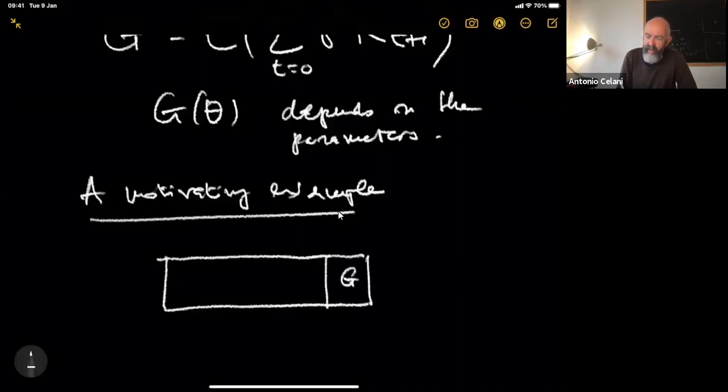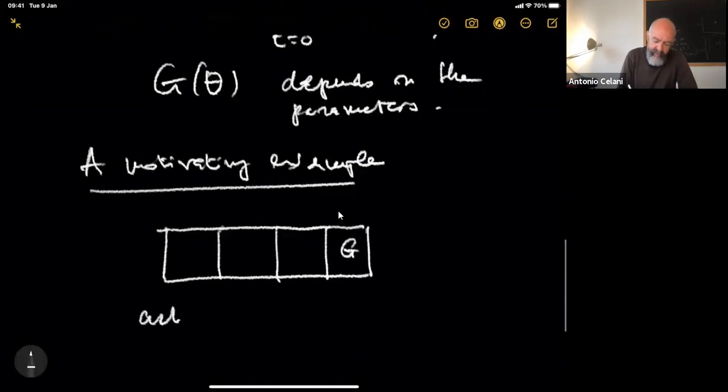Then there are 3 states, and the things you can do from these 3 states are the usual left-right actions. So the actions are left and right, and if you are in this state and you try to go left, what happens is that you stay in place.